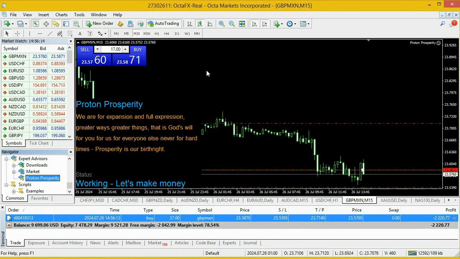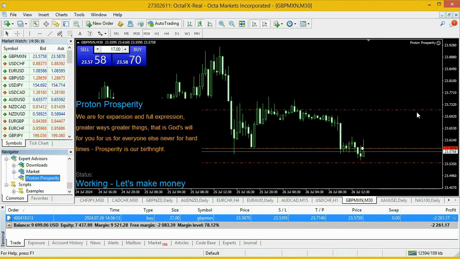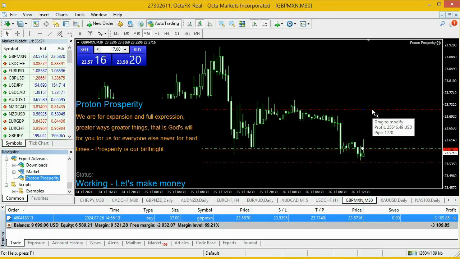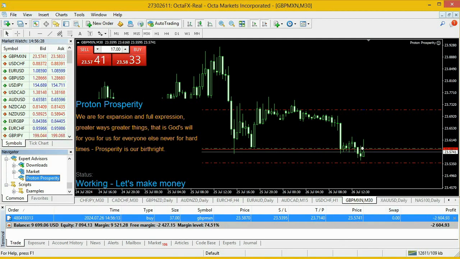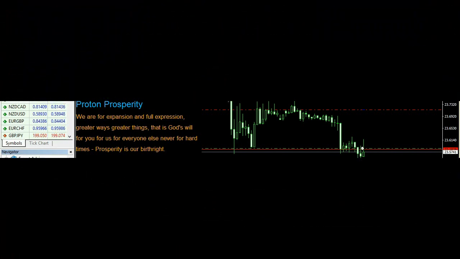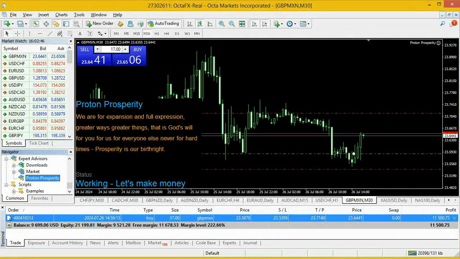Buy position executed. Our stop loss. And take profit. In a little over an hour, we are almost halfway to our profit target.